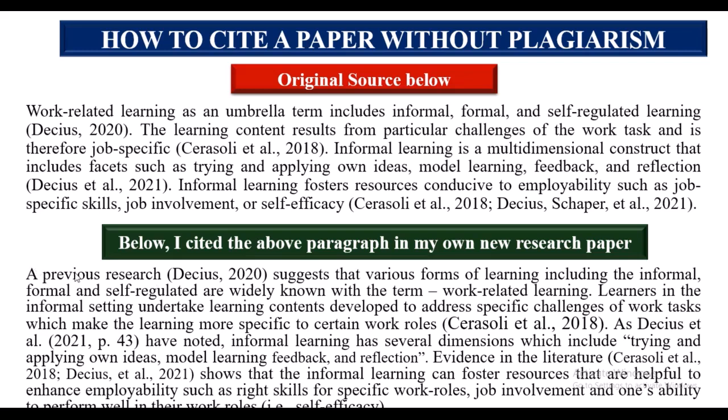And I said, a previous research, Decisions 2020, suggests that various forms of learning, including the informal, formal, and self regulated, are widely known with the term work related learning. Now you can see my own statement here. My own appears longer than the previous one. And there's something key, a key point here.